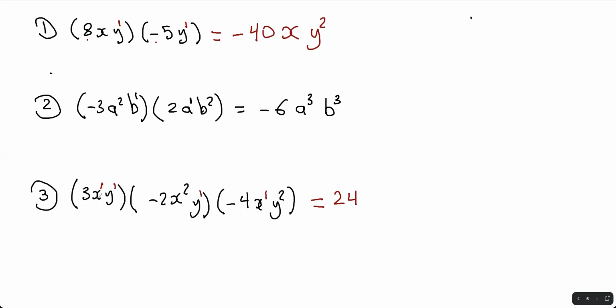So therefore, here the x is x to the 1 times x squared, that's x cubed. You remember you're adding exponents. X cubed times x to the 1. You add the exponents again and you get x to the 4. Y to the 1 times y to the 1 will give you y squared. Then y squared times y squared will give you y to the 4. And that's the answer for this one.